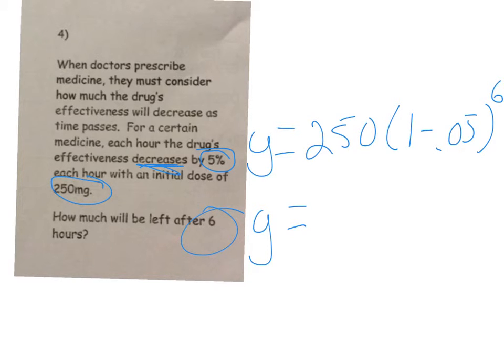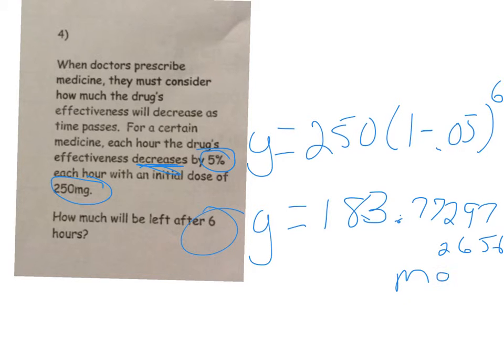And in this scenario, it's not money, it's not people. So in this case, I'm going to leave this as the whole decimal that they gave us, 183.7729722656. It didn't tell me to round, and that would be in milligrams.